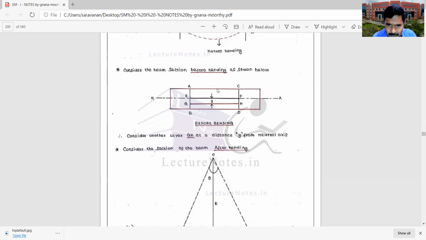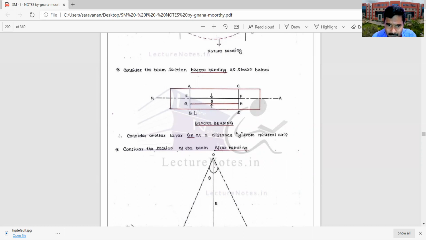This is the top layer and this is the bottom layer. In between the center layer EF and the bottom layer, you consider another layer GH at a distance of Y from EF, right?